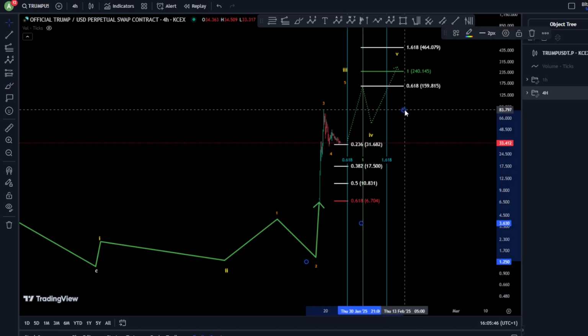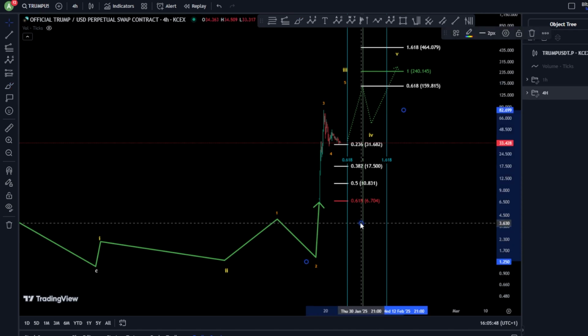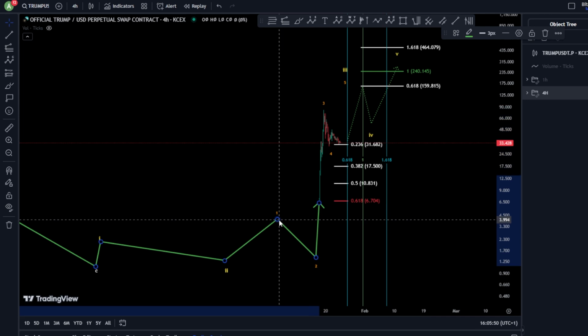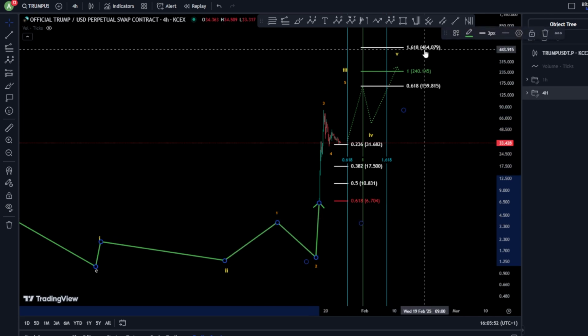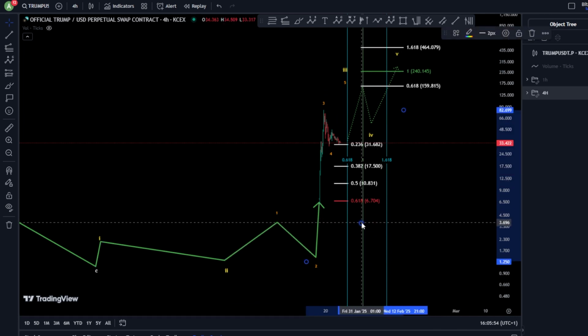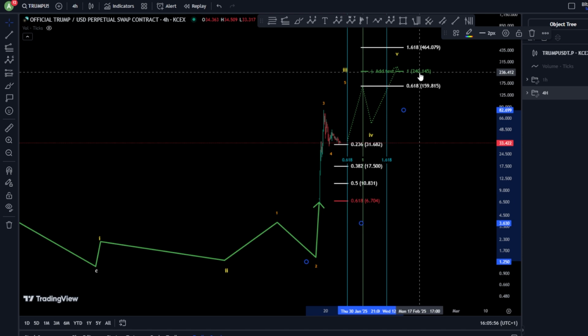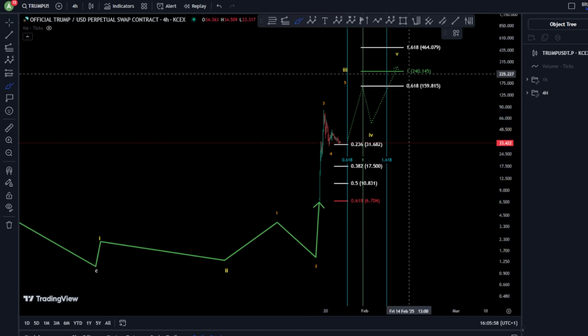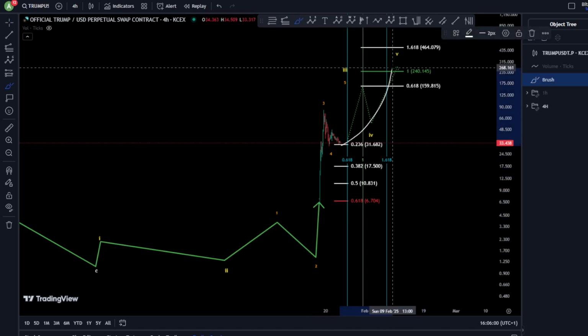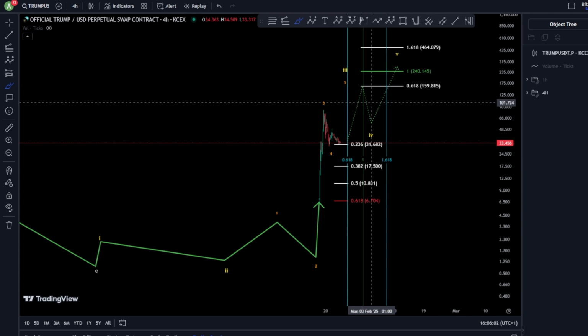Based on the targets taken since that time, it should be a little bit lower. It looks like 240 exactly is the 1-to-1 fib level taken for a wave 5 here. That could be the target.